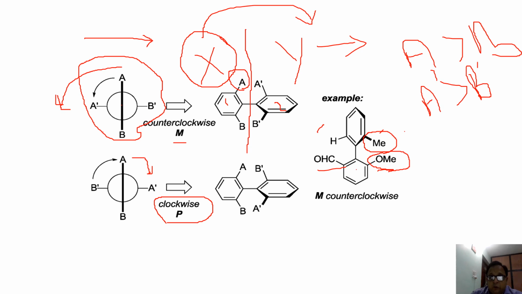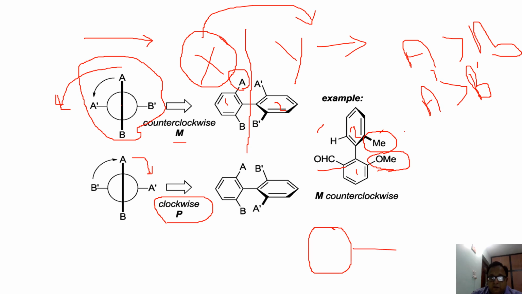Now this is nucleus 1, this is nucleus 2. Nucleus 1 is nearer to the viewer, so we can derive it like this. This is the nucleus that is away from the viewer.